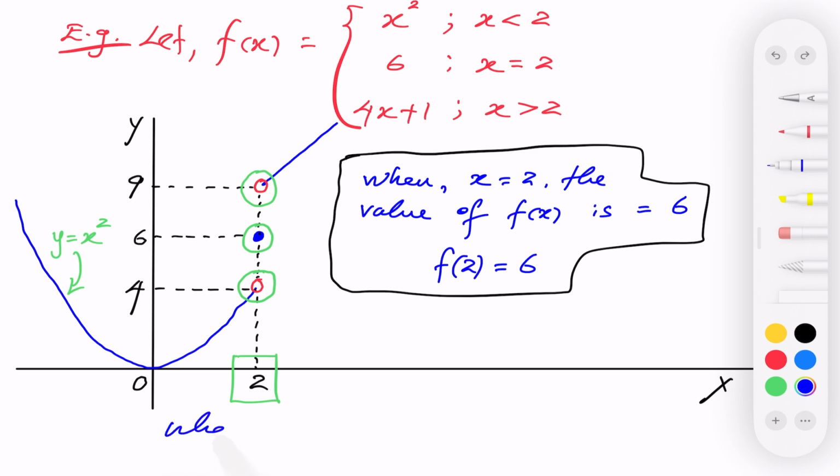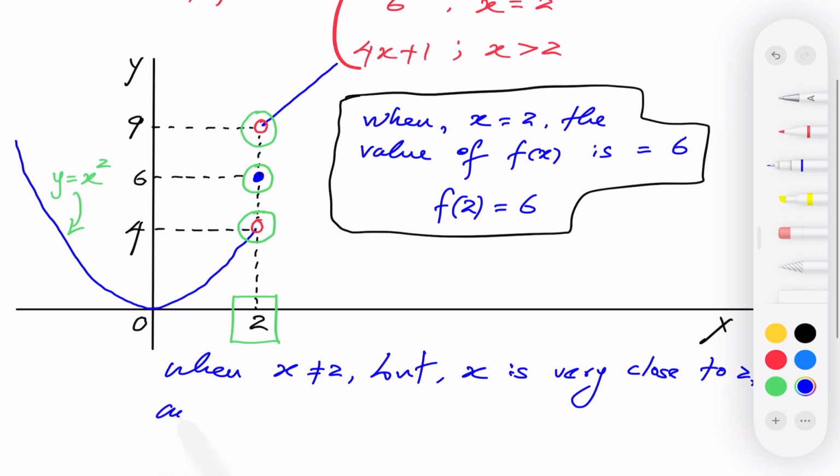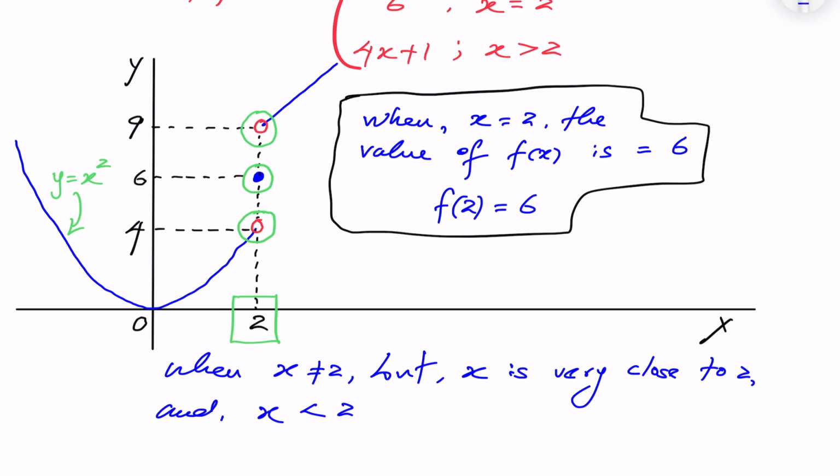When x is not equal to 2, but x is very close to 2, and x is less than 2, the value of the function is equal to 4.